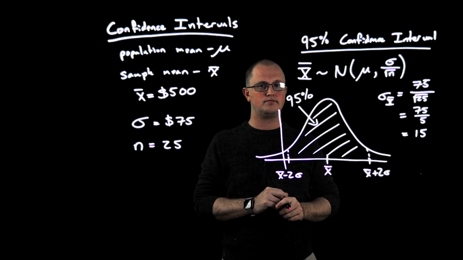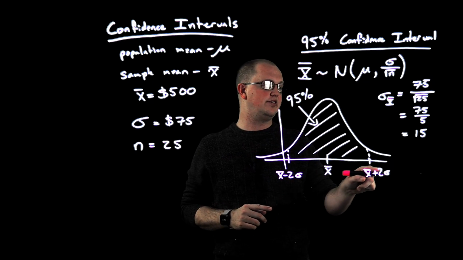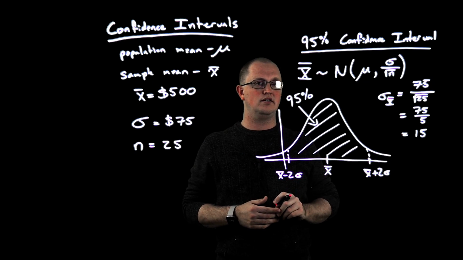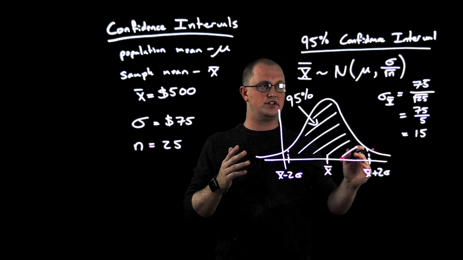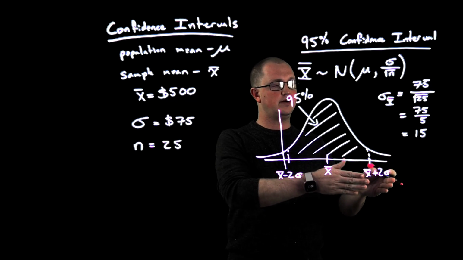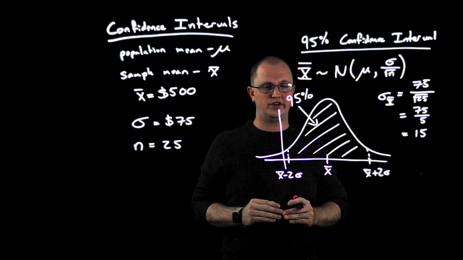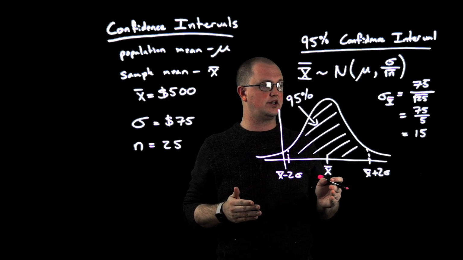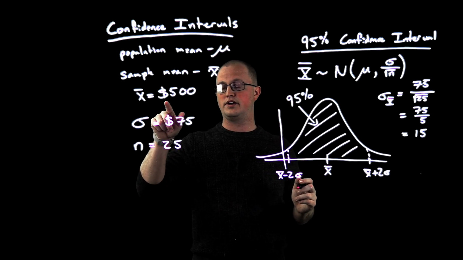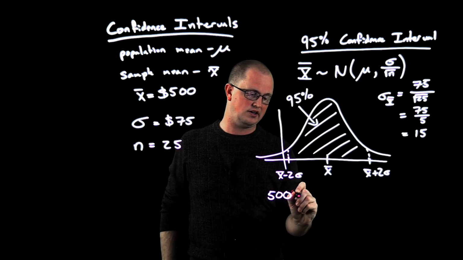So that means 95% of the time we're going to get a value in between these two. And looking at that, if our standard deviation here is 15, our 95% confidence interval is going to be our sample mean plus 2 times our standard deviation, and our sample mean minus 2 times our standard deviation. For this particular example, our calculated sample mean is $500.